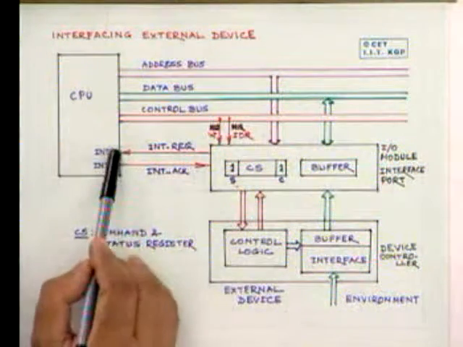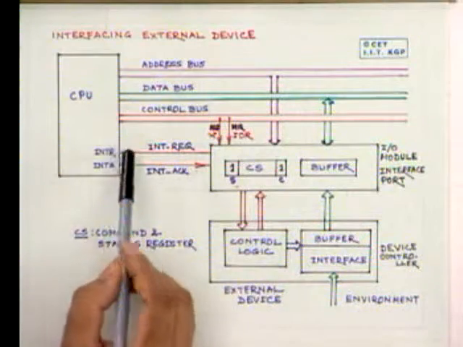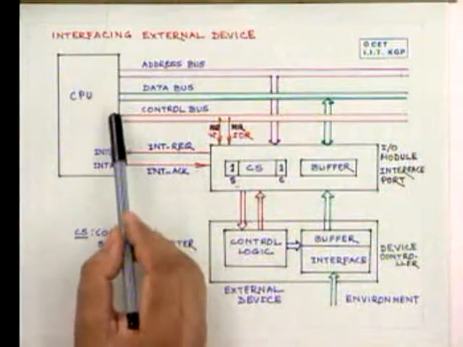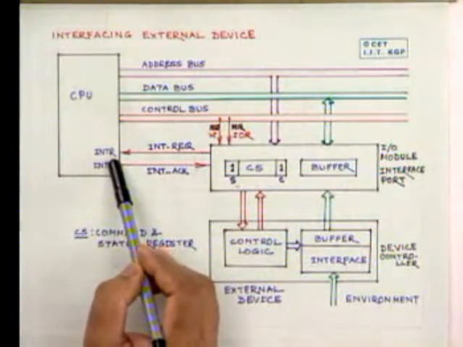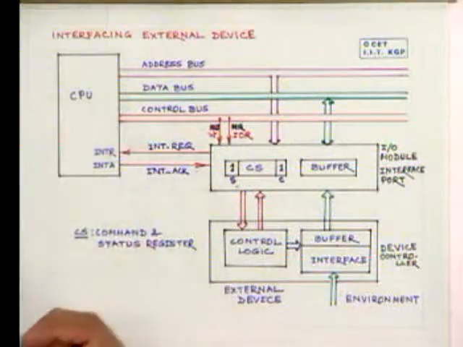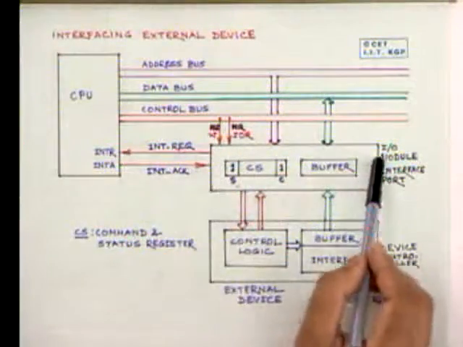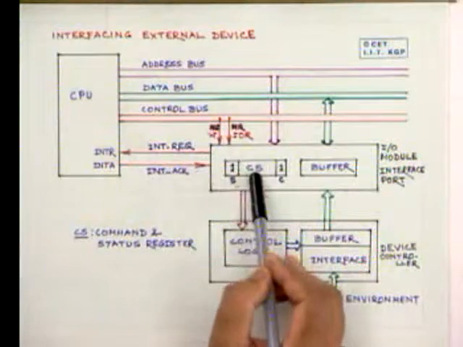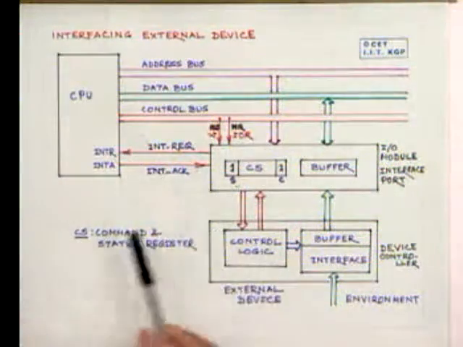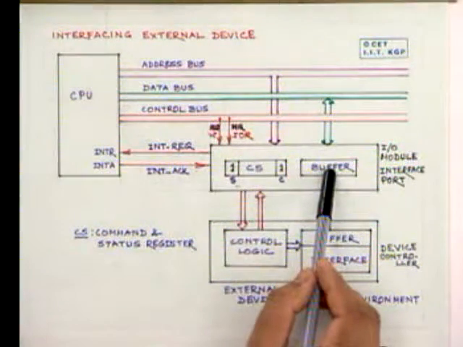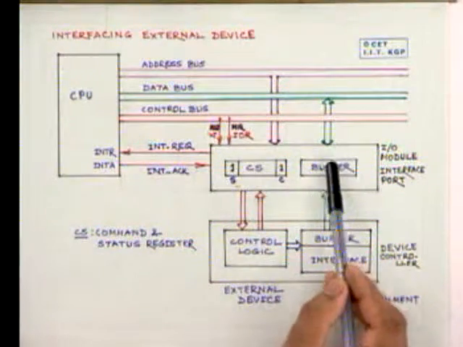On getting that interrupt, the CPU waits until the end of the present instruction that it is executing. Let me repeat that: waiting till the end of the present instruction that the CPU is executing, an interrupt acknowledge is sent to the IO interface, the hardware handshake, telling that your request has been accepted, that it's known that the data is ready in the buffer, and then the CPU takes care of the data.